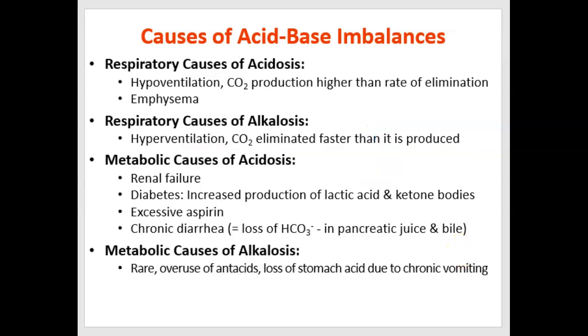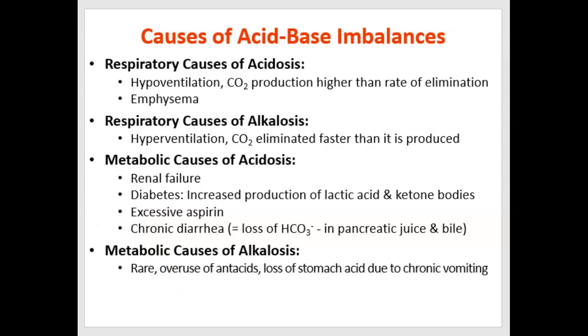Now there are many other causes of acidosis and alkalosis, including kidney dysfunction. But there's metabolic disorders such as diabetes or ingesting certain substances that can cause acidosis or alkalosis, as well as vomiting and diarrhea.